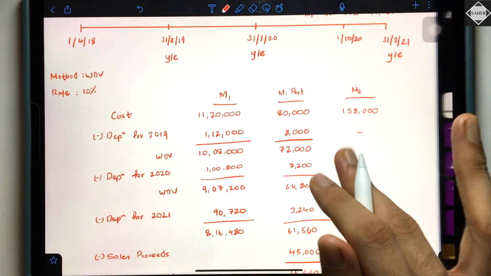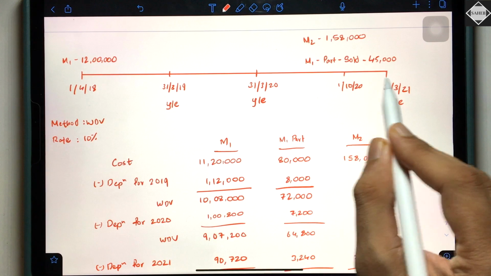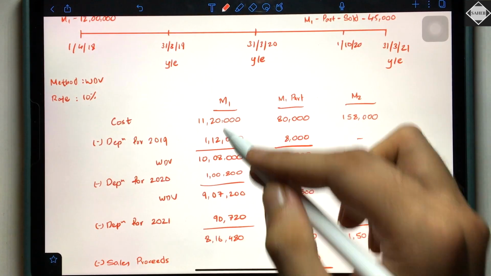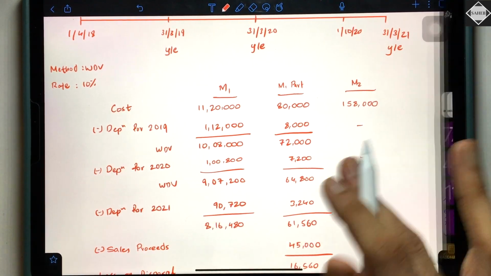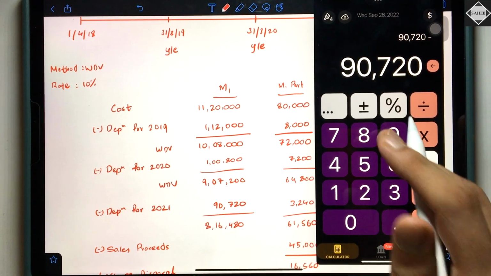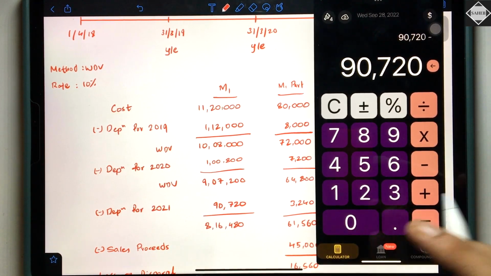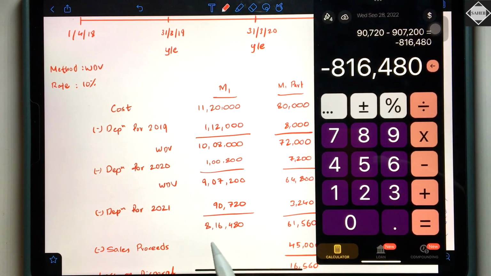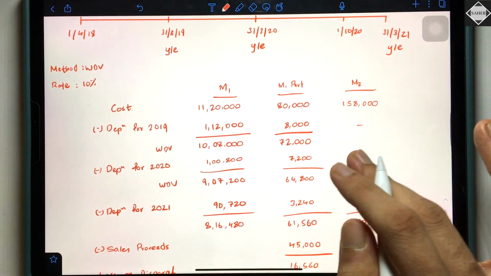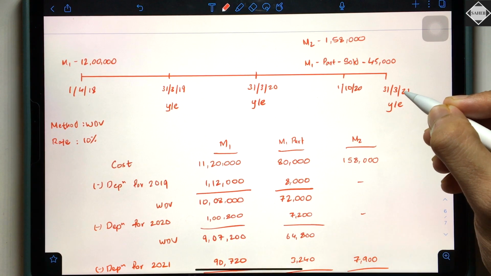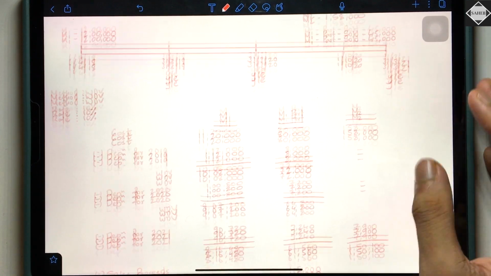What did I do over here? I charged the entire year's depreciation on the M1, that's what I did. And then just subtract this from that 9 lakh 7,200, that's equal to 8 lakh 16,480. So this is the WDV on 31st March 2021 of the M1.